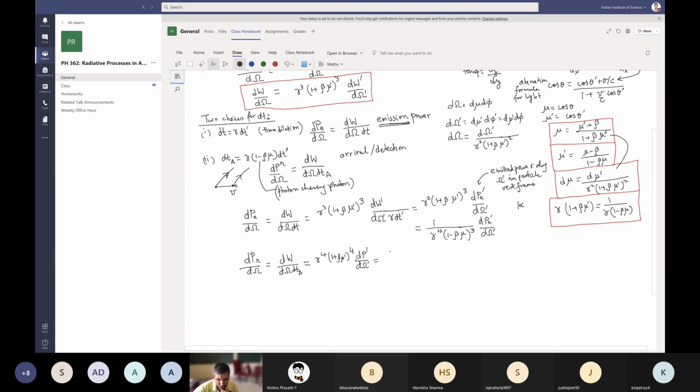This is equal to 1 by gamma to the 4 (1 minus beta mu) to the 4 dP by d omega. This is how the radiated power, when you divide by the arrival time, goes.